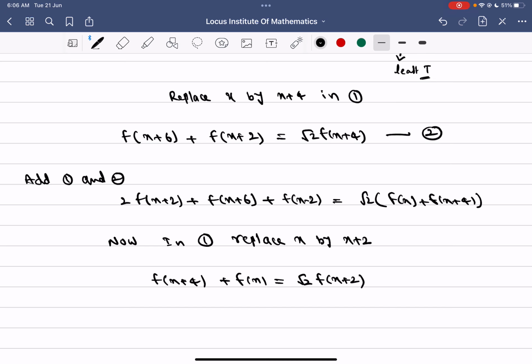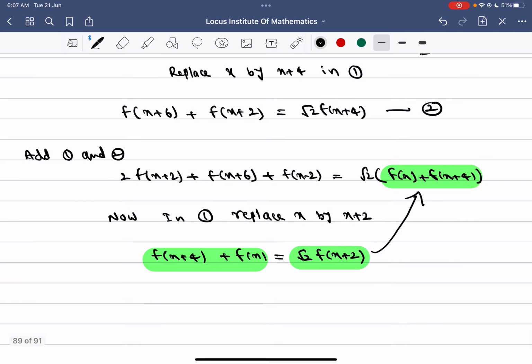Now see here, the right hand side of 1 plus 2 is root 2 times f of x plus f of x plus 4. After replacing x by x plus 2 in 1, we got f of x plus f of x plus 4 is equal to root 2 times f of x plus 2. Now you replace f of x plus f of x plus 4 by root 2 times f of x plus 2.